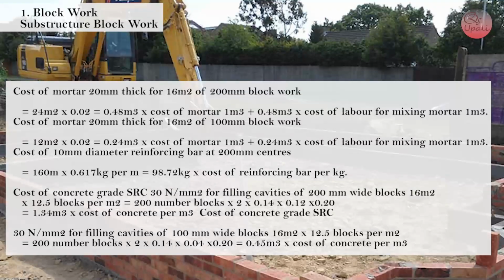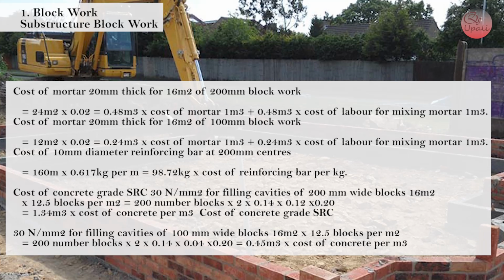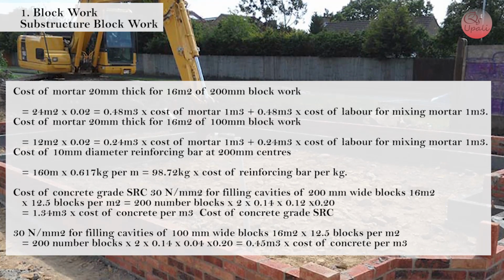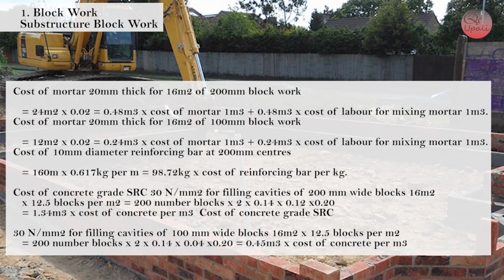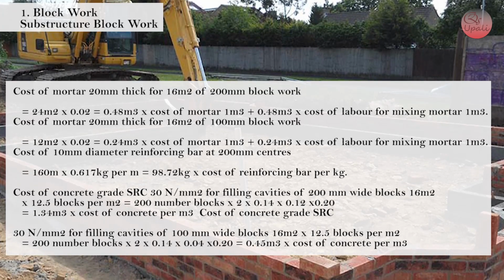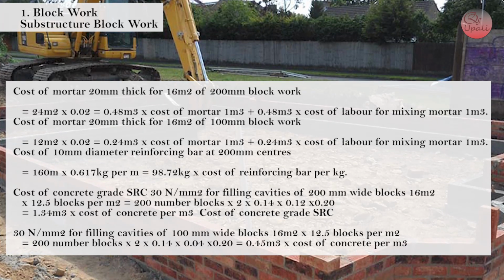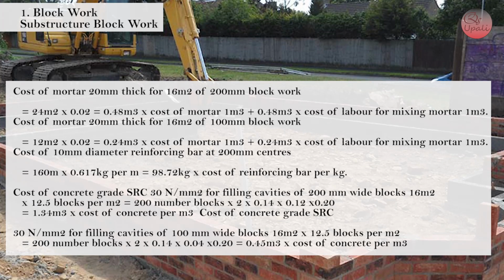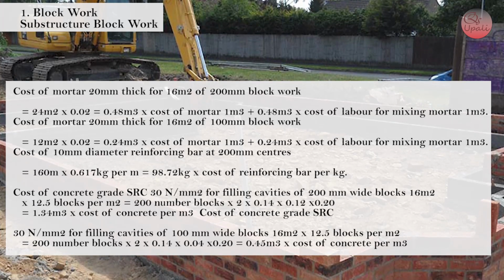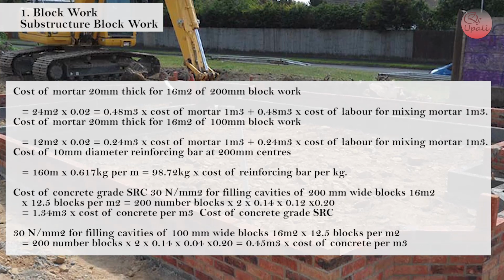Cost of mortar 20 mm thick for 16 meter square of 100 mm block work equals 12 meter square into 0.02 equals 0.24 meter cube into cost of mortar 1 cubic meter plus 0.24 meter cube into cost of labor for mixing mortar 1 cubic meter.